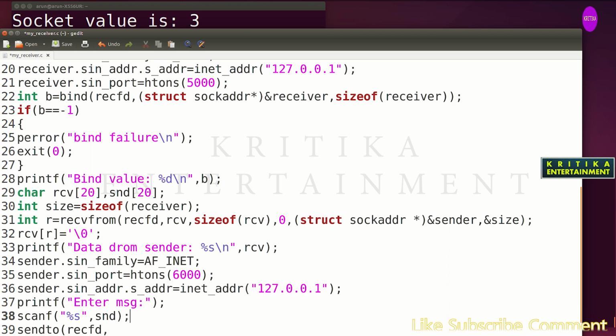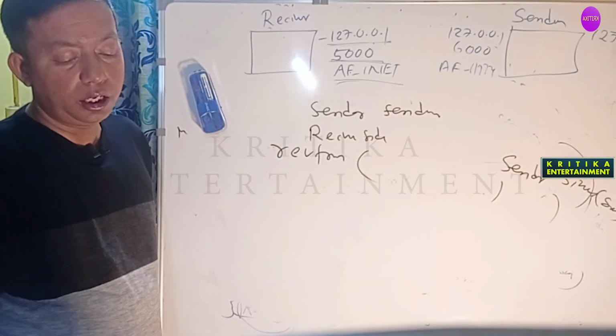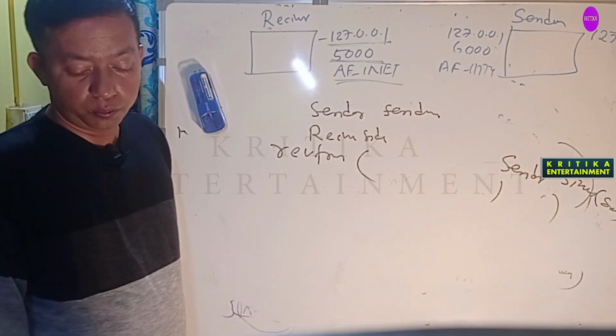So here in sendto we will write SND, then strlen(SND), then close the bracket, then we will pass the flag. Then what are the last two arguments? The last two arguments will use the sender variable. So how to write this?